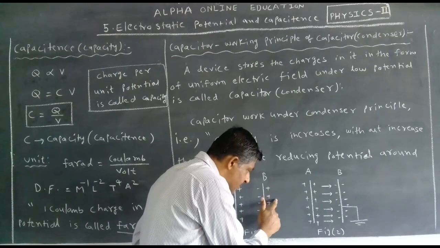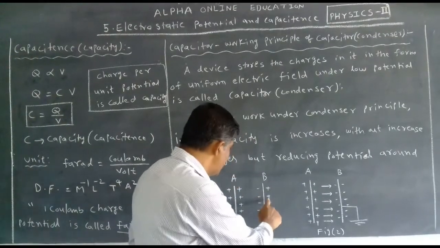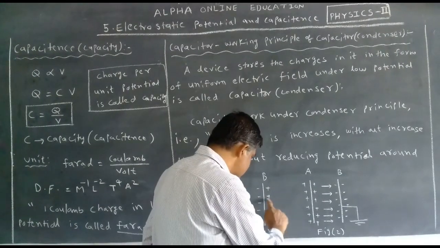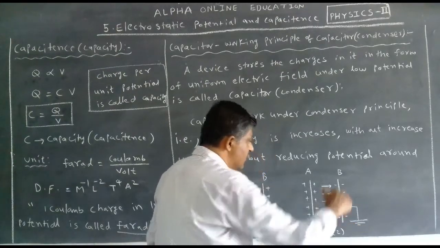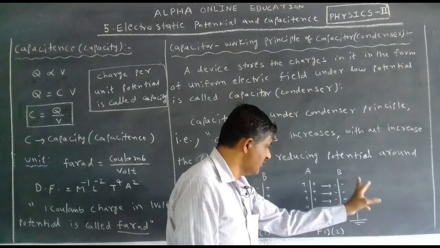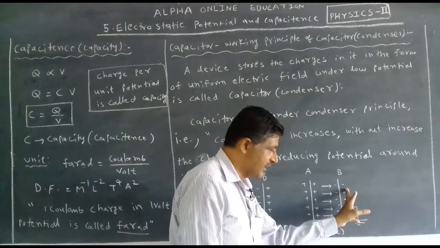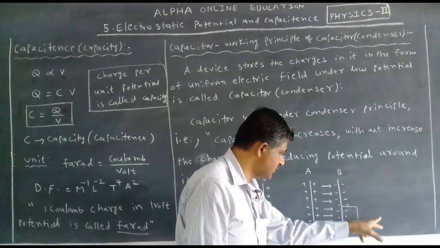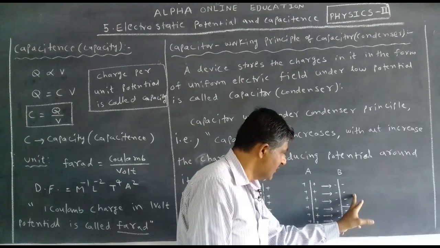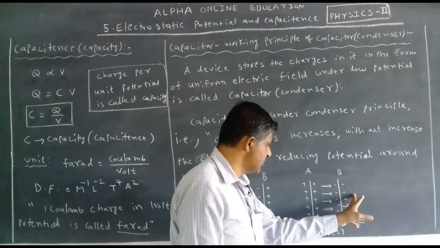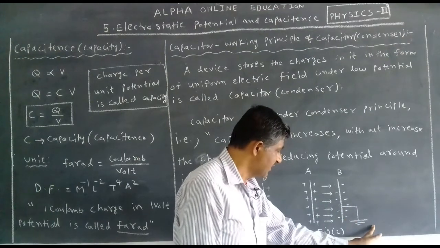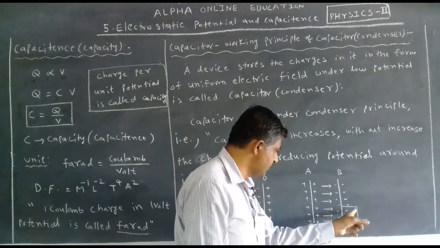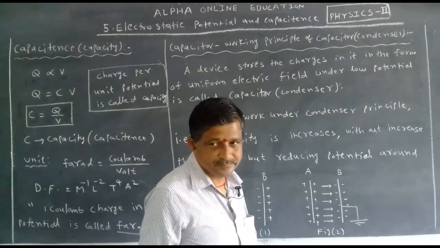When the outside of this plate is connected to the earth, electrons move from the earth towards this plate, and positive charges move in this direction. As per the conventional theory, the positive charges move to this side. As per the electron theory, electrons move to this side.